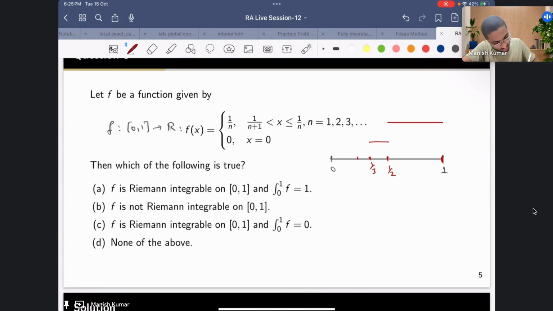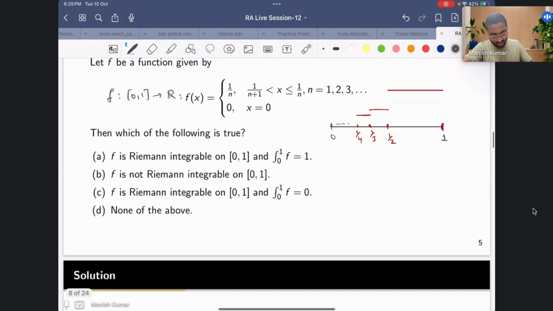In 1 by 4 to 1 by 3 the function is taking the value 1 by 3. So this is how the function is defined, and this will eventually go to 0. So it is defined on the whole domain 0, 1. To check the integrability, again you have to do the same thing.